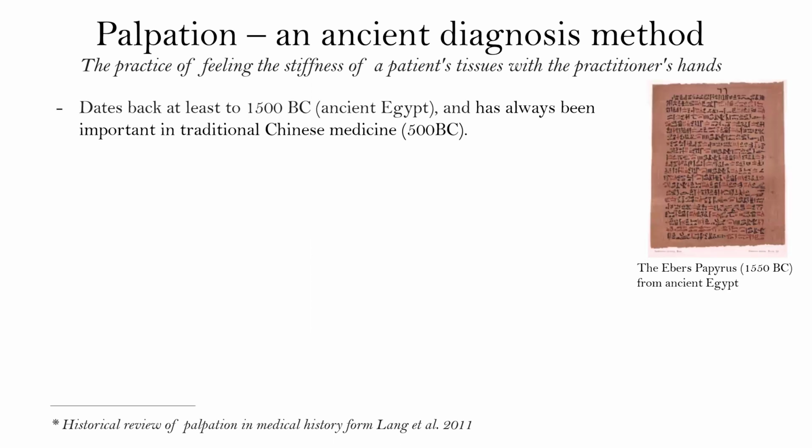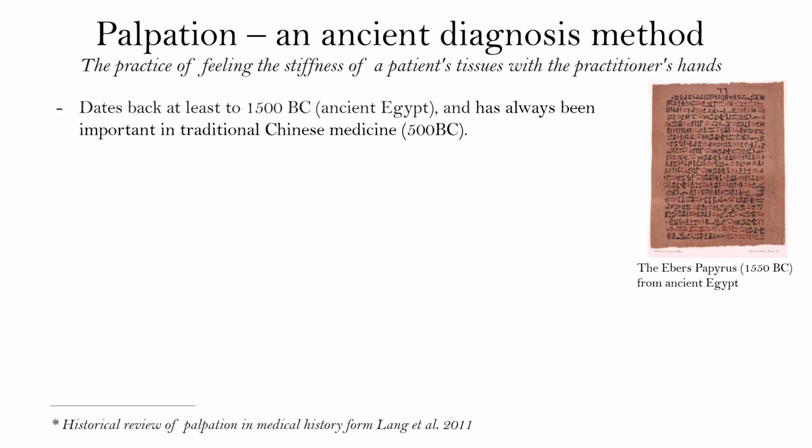It dates back to the ancient Egyptians, who recorded all kinds of explanations of how to do diagnosis by feeling tissue and feeling different organs out. Traditional Chinese medicine also recorded a lot of these practices.